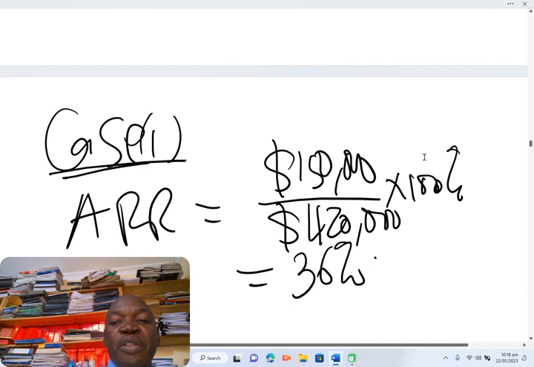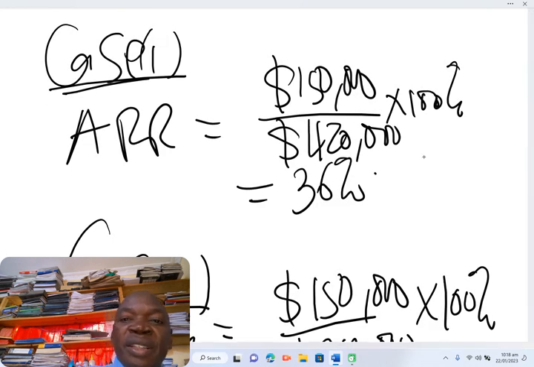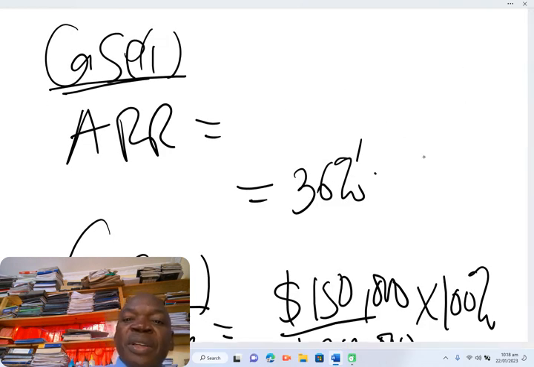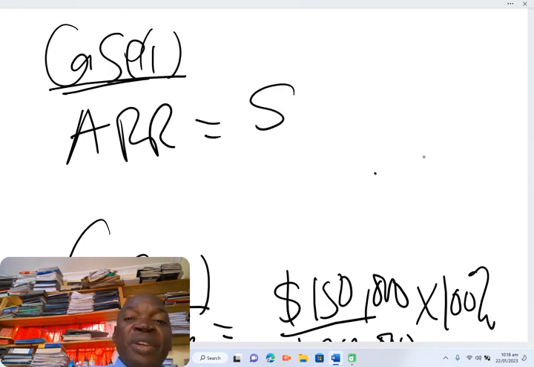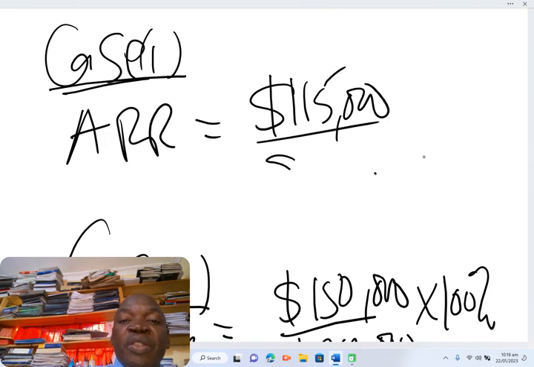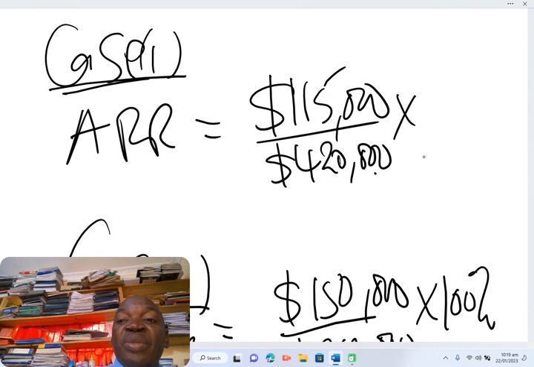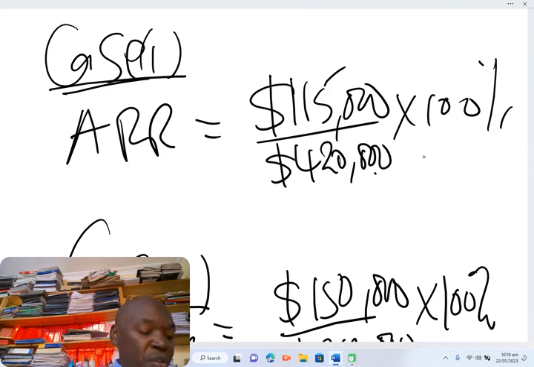When you're looking for the profit ratio here, the first one is $115 over $420 times 100%. 115 divided by 420 is 27%.